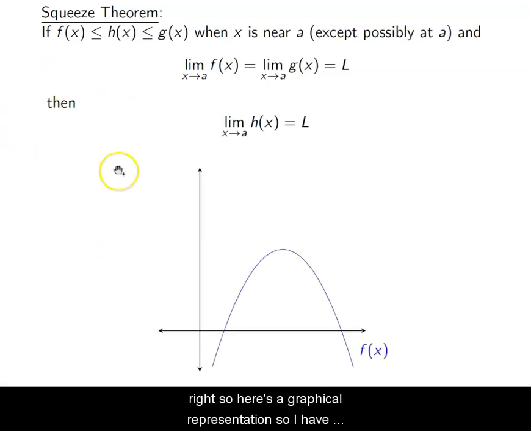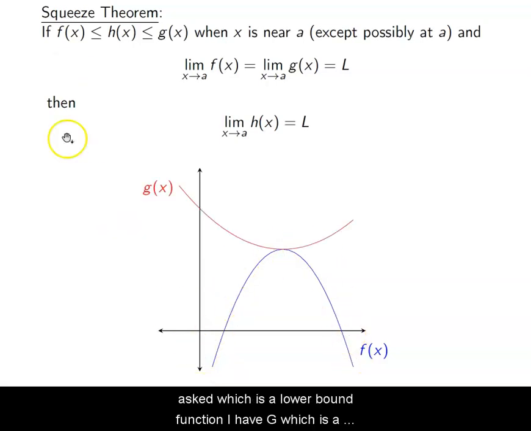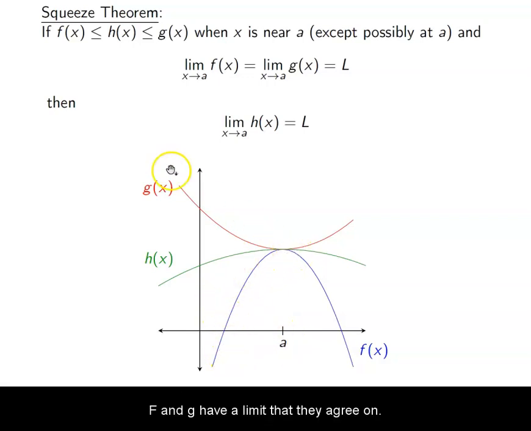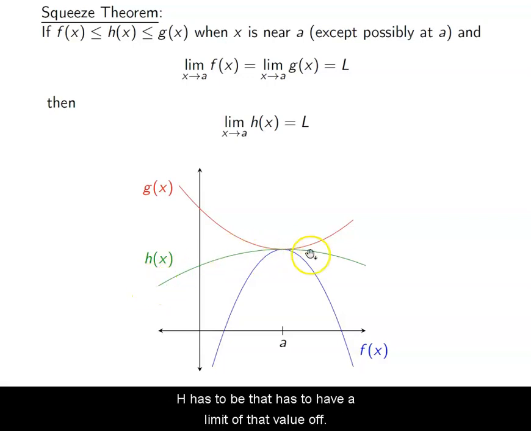So here's a graphical representation. So I have f, which is a lower bound function. I have g, which is a higher bound function. And I have some function h that's always in between those. So if there's a point where f and g have a limit that they agree on, h has to have a limit of that value also.